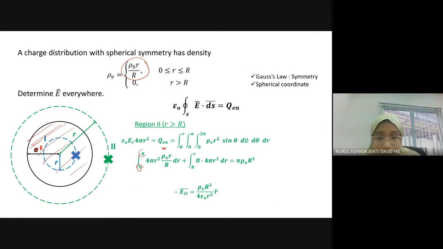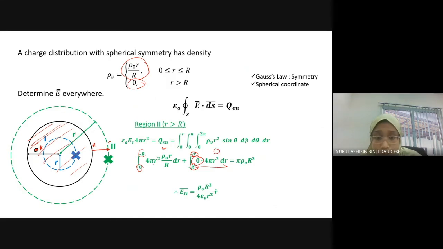And then another part is from this R to this R, where the value of the charge distribution is 0. So this will give you 0 actually.